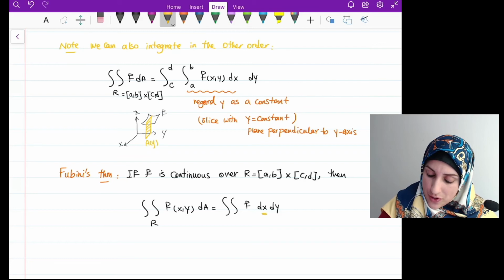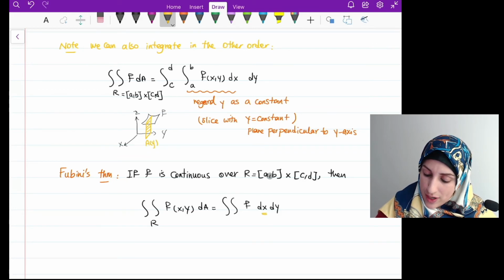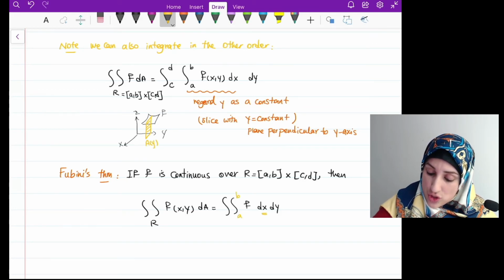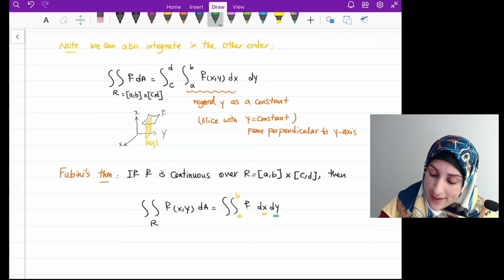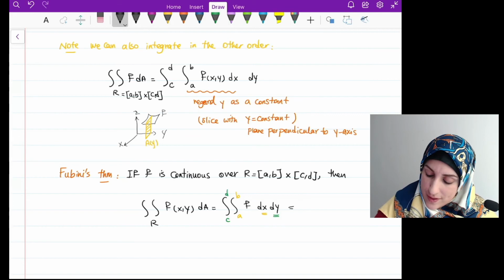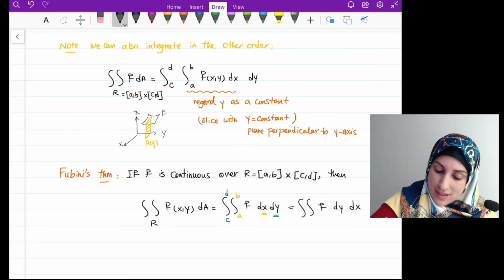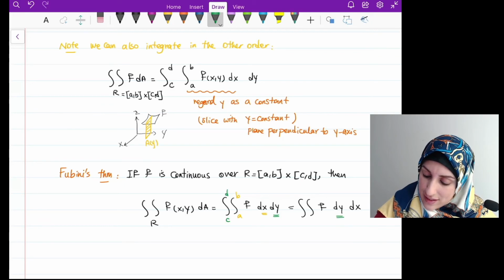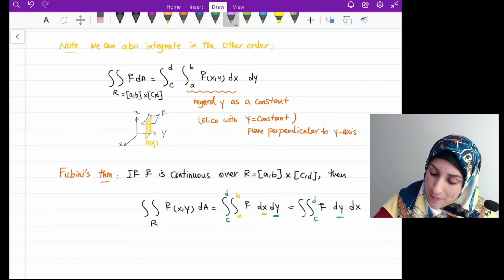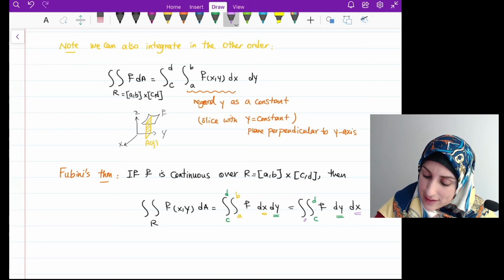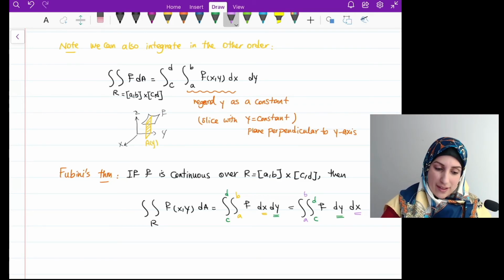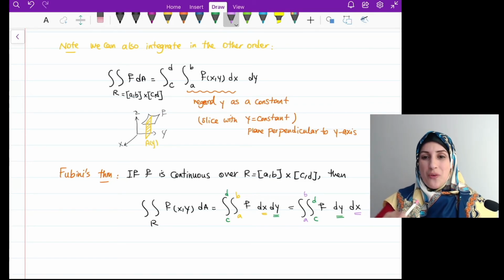When x is first, I need to write the bounds for x inside. Pay attention to all these details. And then the integral from c to d, or you can write f dy dx. In that case, you have c to d in here, and then dx from a to b in here. Okay, so we can exchange the order when f is continuous.